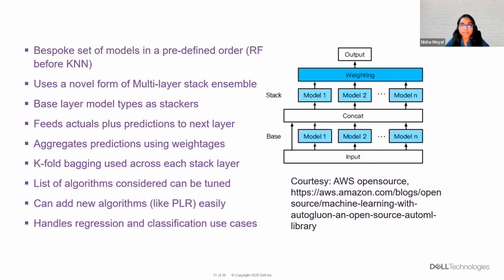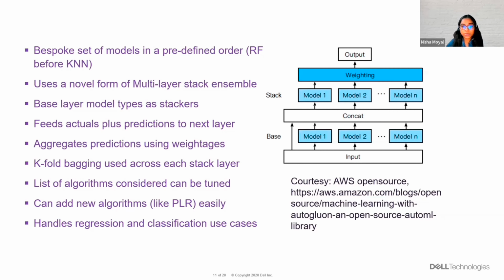Currently, AutoGluon supports a set of algorithms, for example, random forest, extremely randomized trees, k-nearest neighbor, CatBoost trees, AutoGluon tabular deep neural network, and LightGBM boosted trees. If no hyperparameter tuning is done on AutoGluon, then it will run all of these on your dataset.